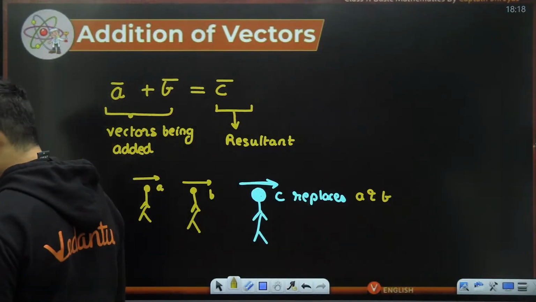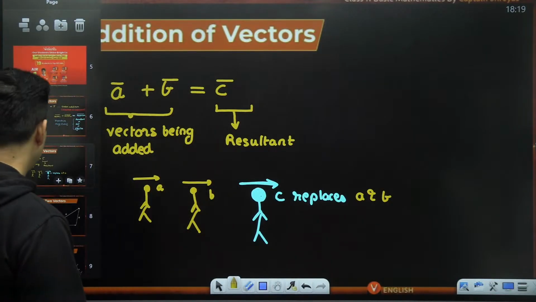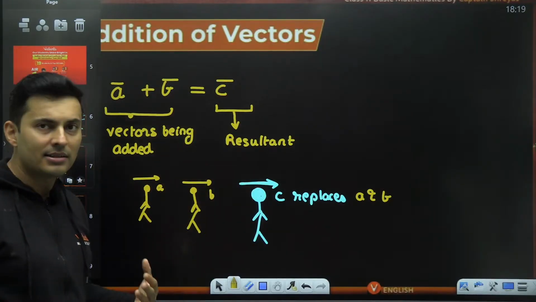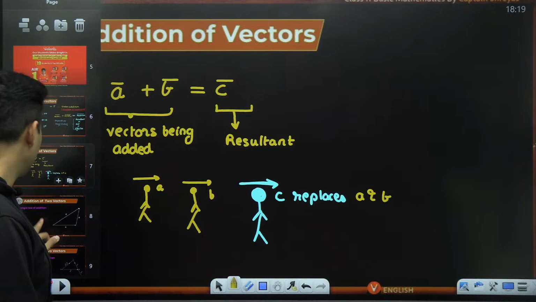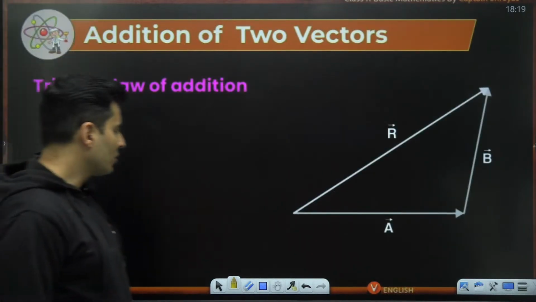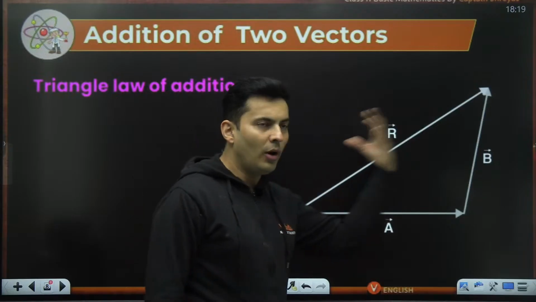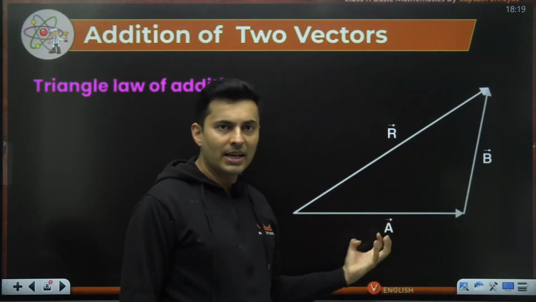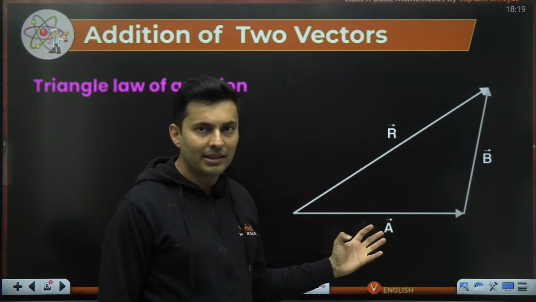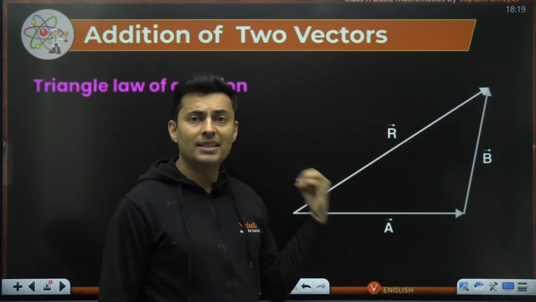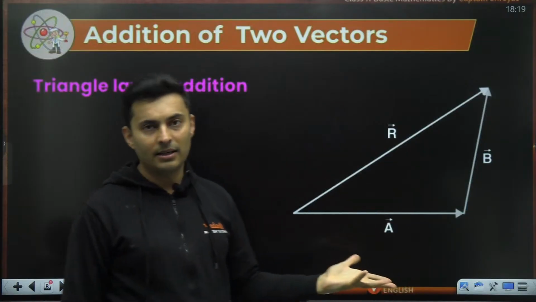Okay, cool. So having said this, there are multiple ways of getting the final answer. How do I find the resultant? First method is basically called the triangle method of vector addition. What you do is you form a triangle by showing the two vectors being added as the two sides of the triangle. Then the third side automatically signifies the effective or the resultant vector.